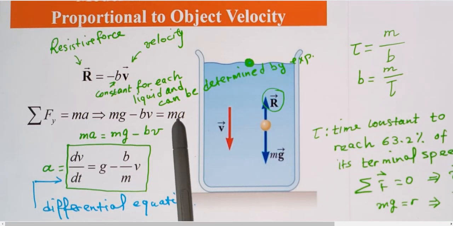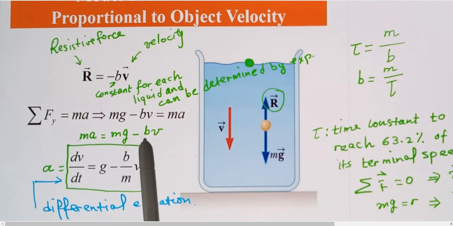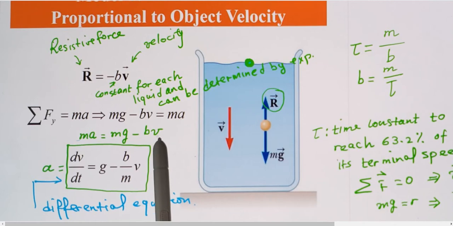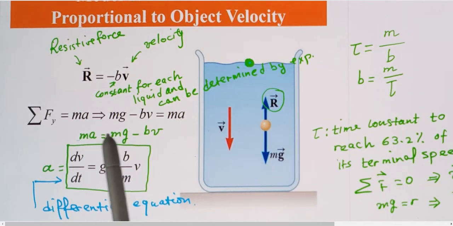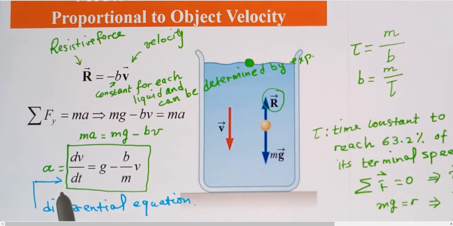Again, it's ma is equal to mg minus bv. We take out the m, so we end up with a is equal to g minus b over m multiplied by v. So we have a derivative of v on one side, and we have v on the other side.